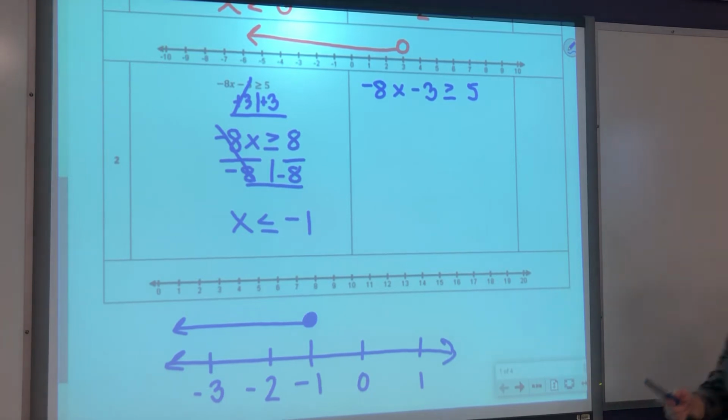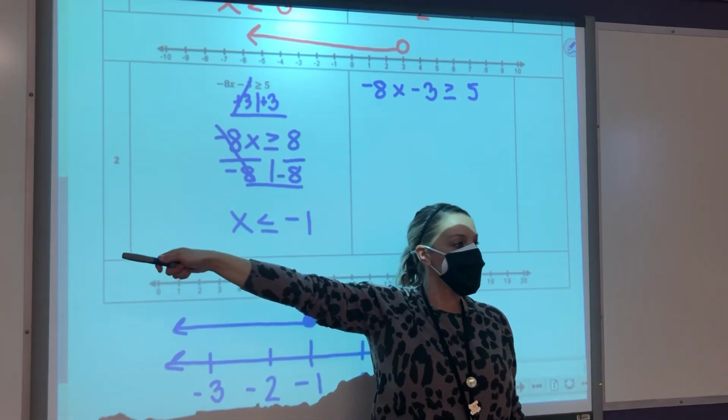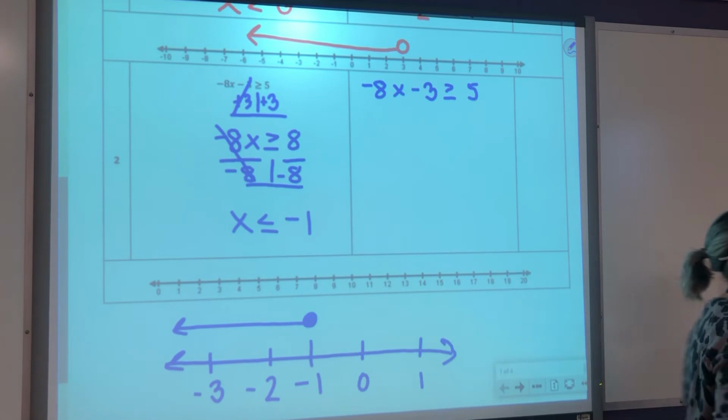Now, I need to choose a value from negative 1 to negative infinity. Negative 1, negative 10, negative 5, it doesn't matter. I want you to pick a value that is less than or equal to negative 1 and check your solution. Take the time right now on your own. Pick any value, plug it in, and see if your inequality statement is true.